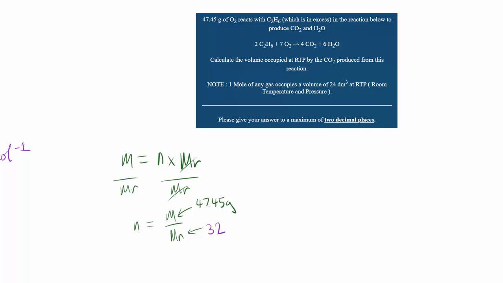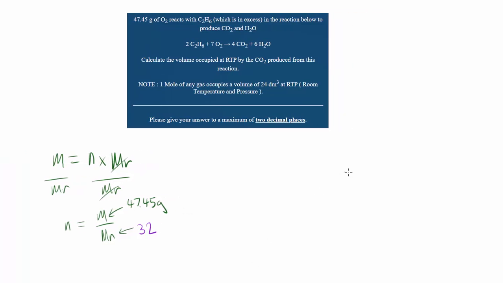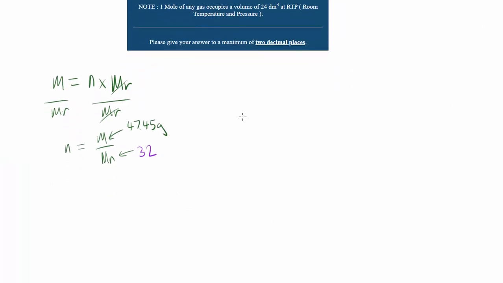What we need to work out now, if we take these values and calculate it, will give us the number of moles of the oxygen. So the number of moles of the oxygen is going to be equal to 47.45 divided by 32.